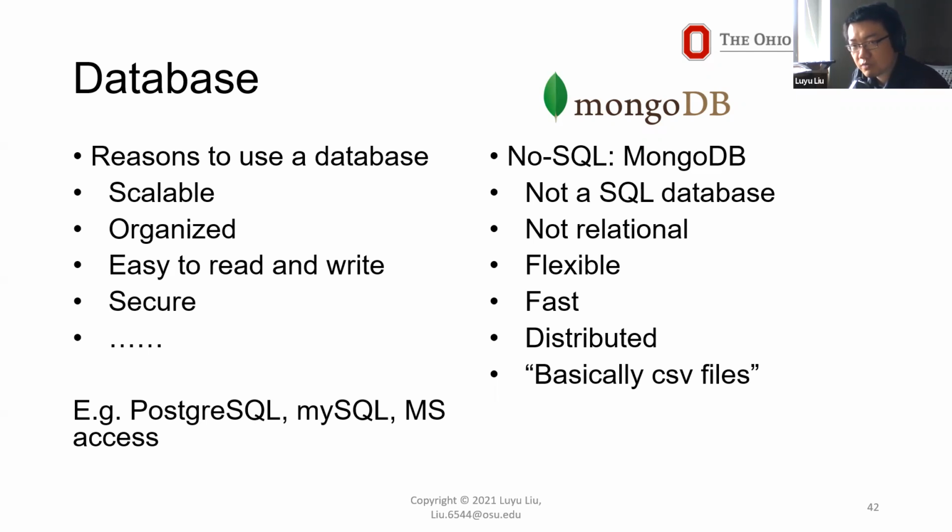MongoDB cannot do joins. Well, it can now, but it is still not very common in how we do this. The majority of the reason we use MongoDB is that it is very flexible and very fast. We don't have to deal with the bureaucracy of a relational database. All you need is basically CSV files, which you organize in a similar way, and it's very flexible.